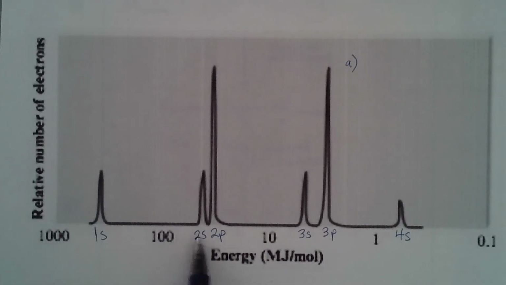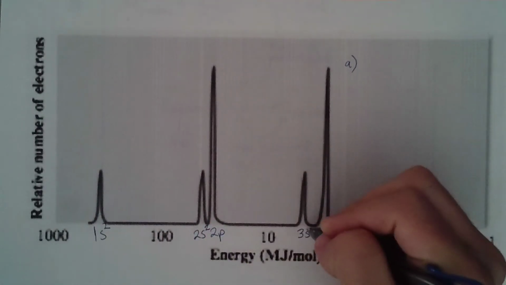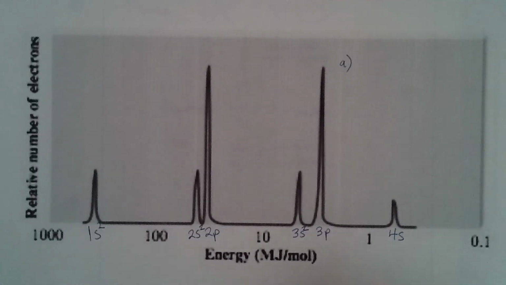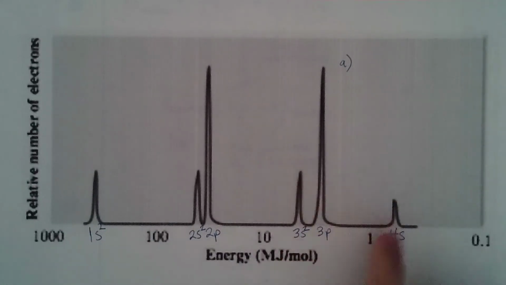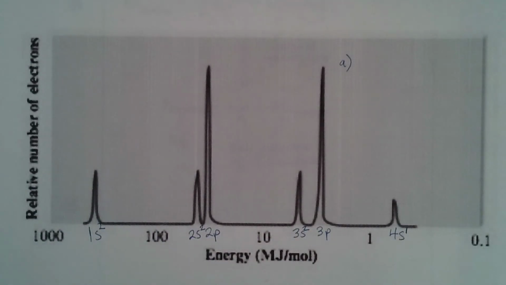But the 1s, 2s, 3s orbitals are all the same height. We know that s orbitals can only hold 2 electrons, so it's pretty safe to say that those all contain 2 electrons. What that ultimately means for this one over here, since its height is less than that of the others, is there's probably only 1 electron in that 4s orbital.